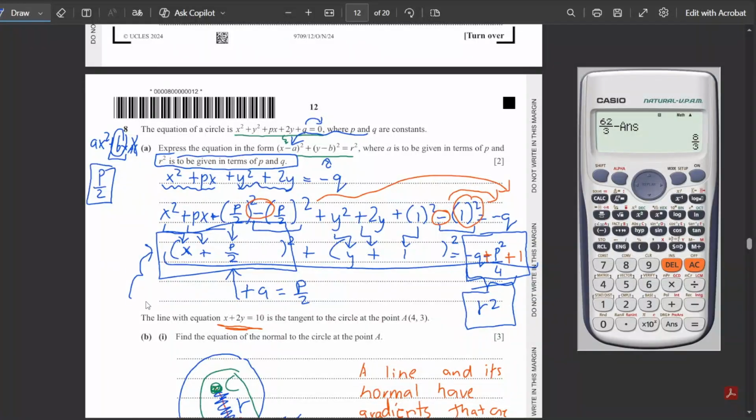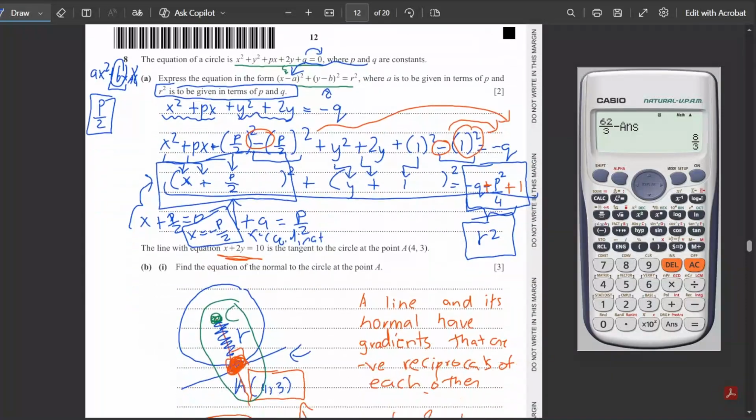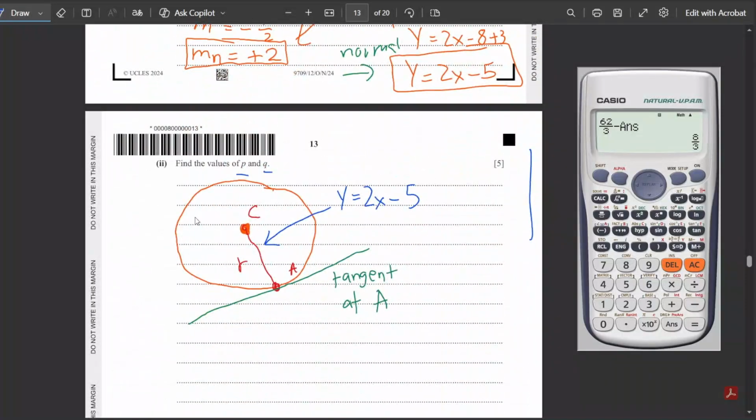The way you can find that out is you put x plus p over 2 equal to 0, and then you rearrange the equation so you get x is equal to minus p over 2. This minus p by 2 is the x coordinate of the center. So going back over here, negative p over 2 is the x coordinate of the center.